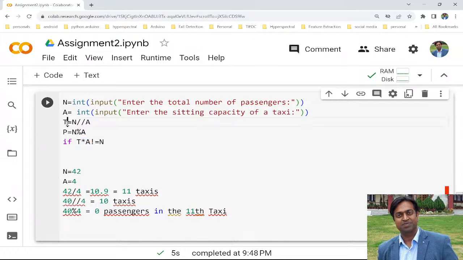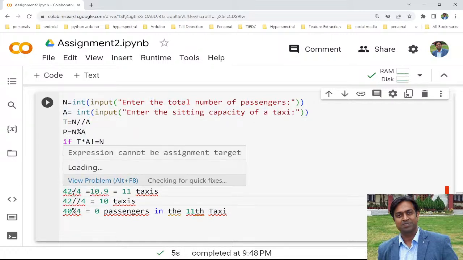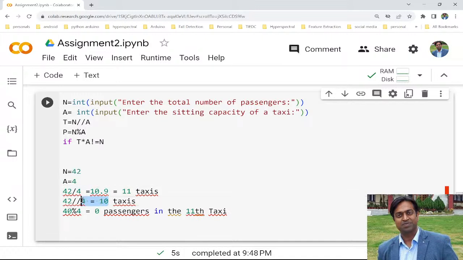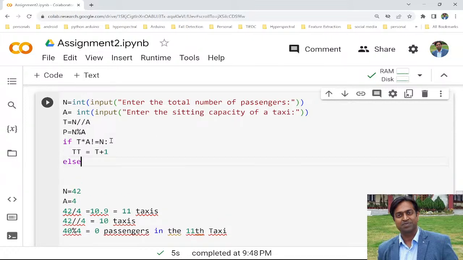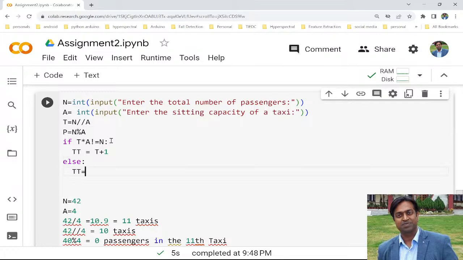T into A is the total taxis, this 10, into the capacity of the taxi. So if it is 42, I get 10, so 10 into 4 is 40. So in this case it will not be equal to N. If this is the case, then the total taxis, TT, will be T plus 1, right? Otherwise, else, TT will be equal to T.